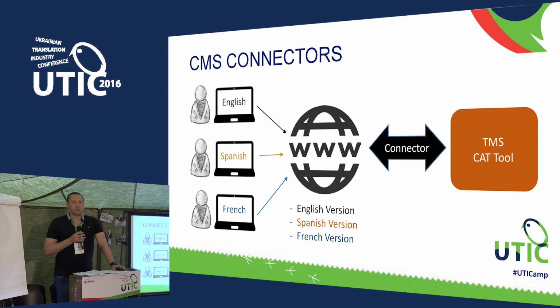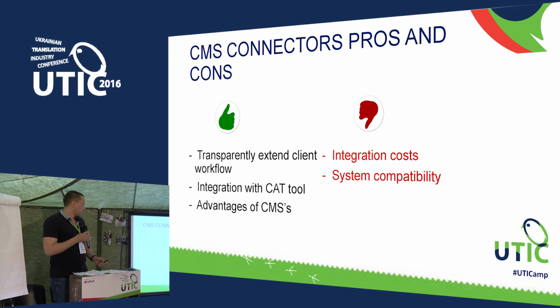And the connectors are used to export the content from master languages to a CAT tool and apply professional translation, which of course helps you reduce translation costs by using different technologies such as translation memories, term bases, machine translation, etc. And when the project is done, the connector helps you deliver the result back to the website. So that's how it works, and let's take a look at how good it is.